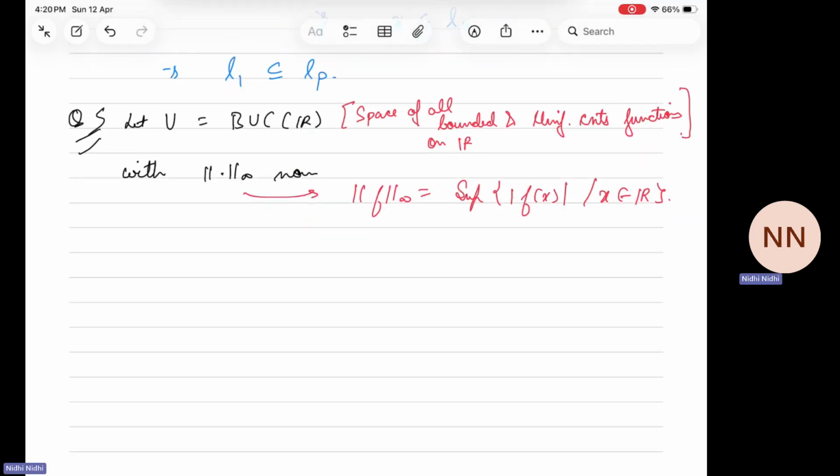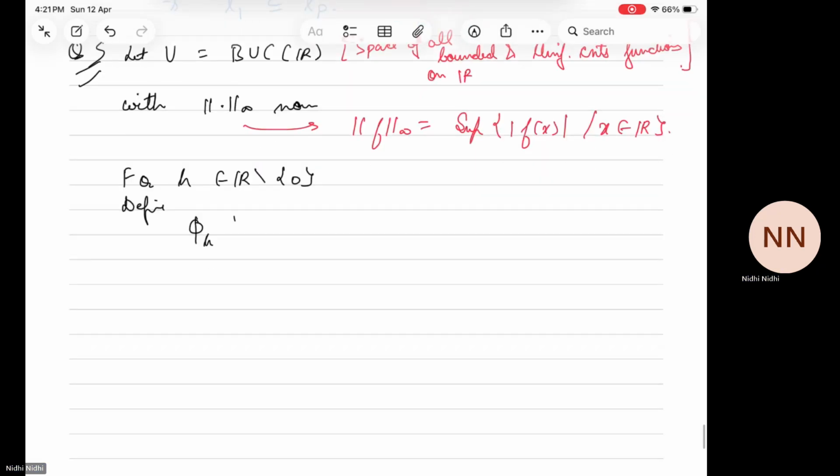Now further, for any h in R minus 0, we define the function phi h of f at any point x.